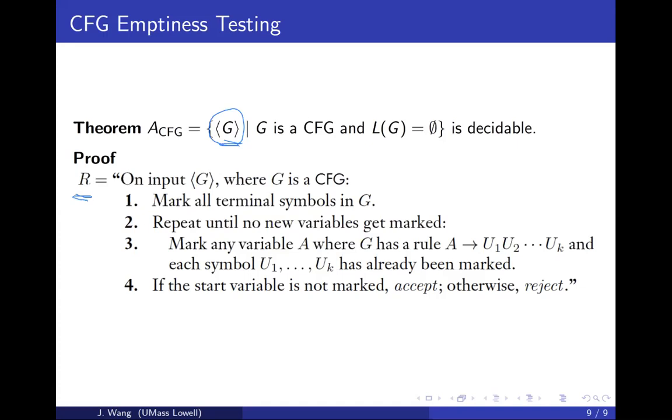So mark any variable A where G has a rule. So if it has a rule, then we mark such variable A. Each symbol on the right-hand side has already been marked.